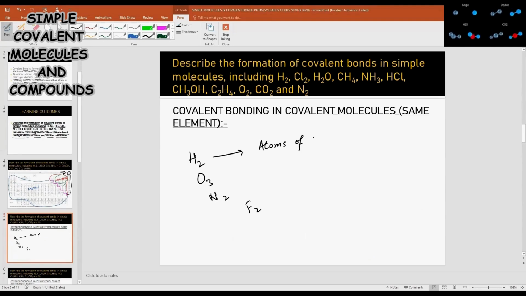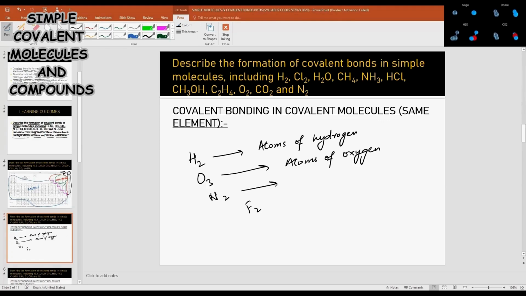Atoms of hydrogen, and in this one you have atoms of oxygen. In the same way, in N2 you have atoms of nitrogen, and in F2 you have atoms of fluorine.